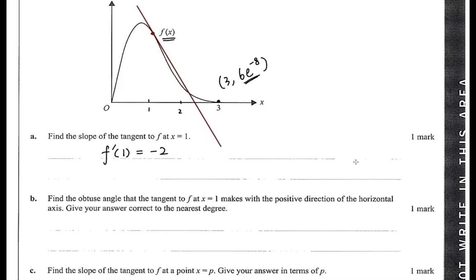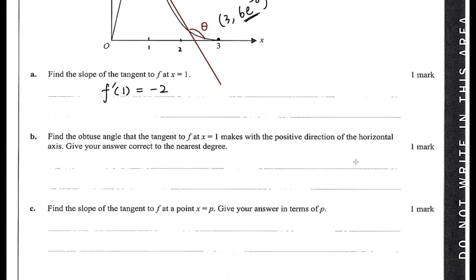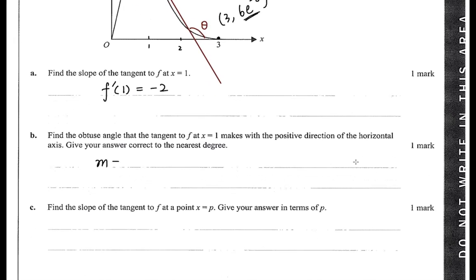Obtuse angle means we want this angle here. We all know the gradient is tan theta equals minus 2, whereas in this case we are solving for theta between 0 and pi. So theta is actually, what should I get?